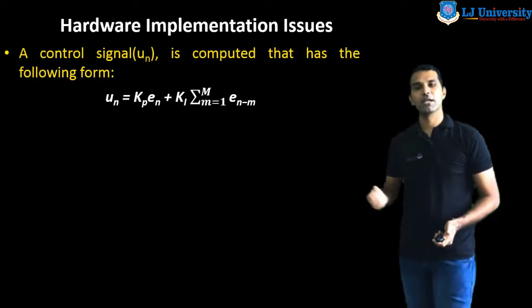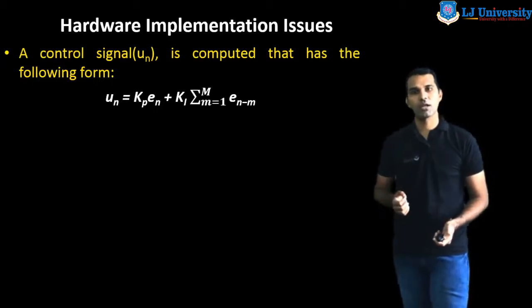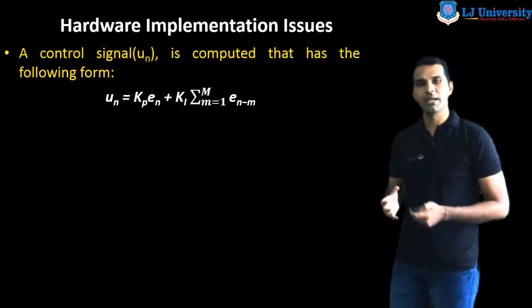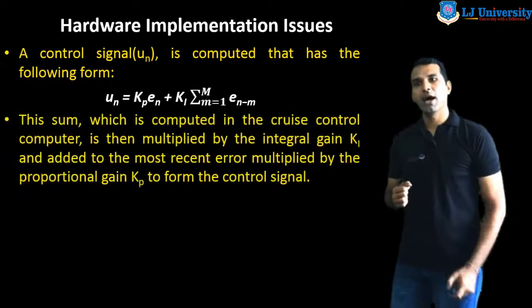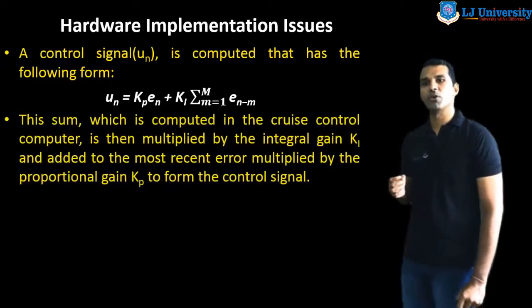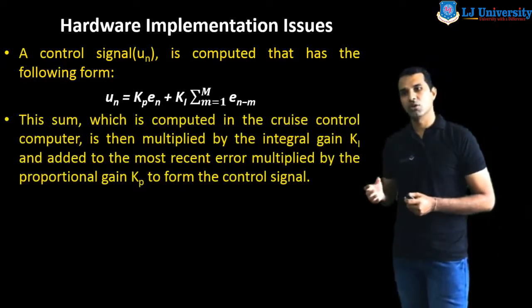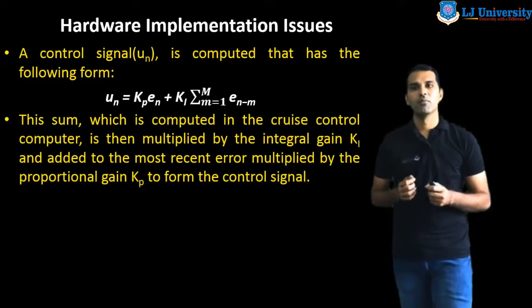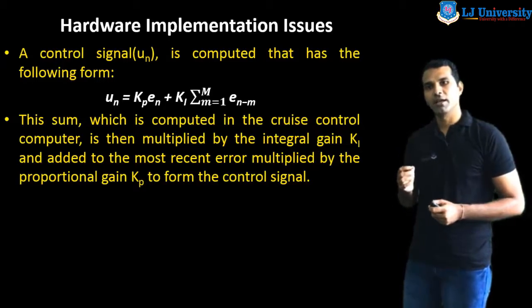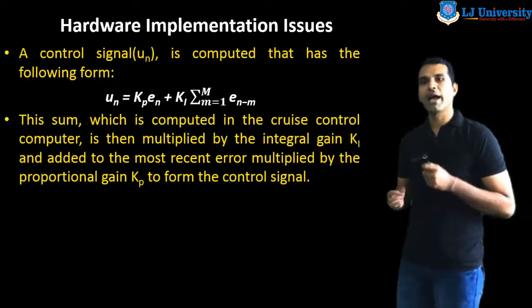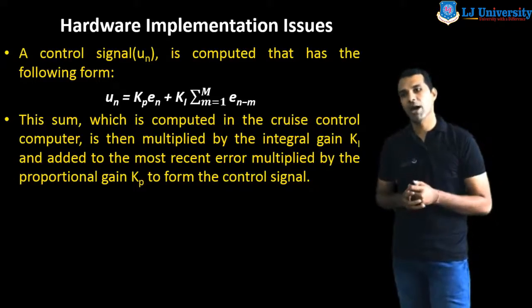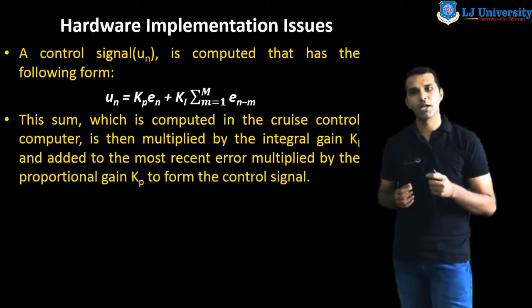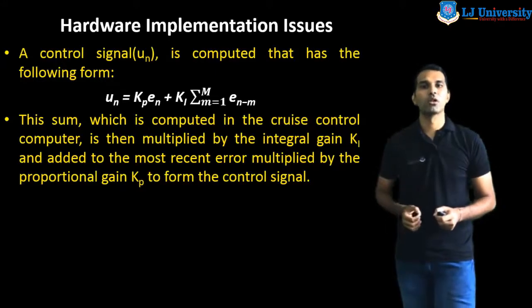Here Kp indicates the gain of the proportional controller and Ki indicates the gain of the integral module. Now this sum, which is computed in the cruise control computer, is multiplied by the integral gain Ki and added to the most recent error multiplied by the proportional gain Kp to form the control signal.